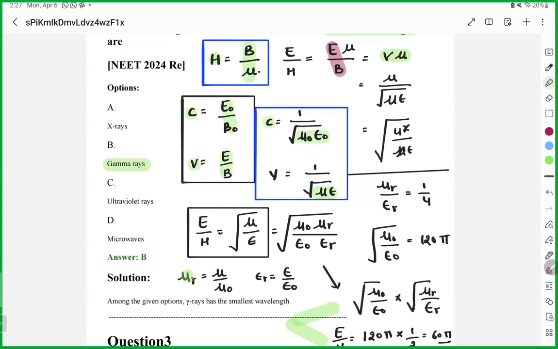Relative permeability is this, relative permittivity is this. Tell me. The best benefit of such kind of question is that we get to revise all the formulas together. Anybody have a question?